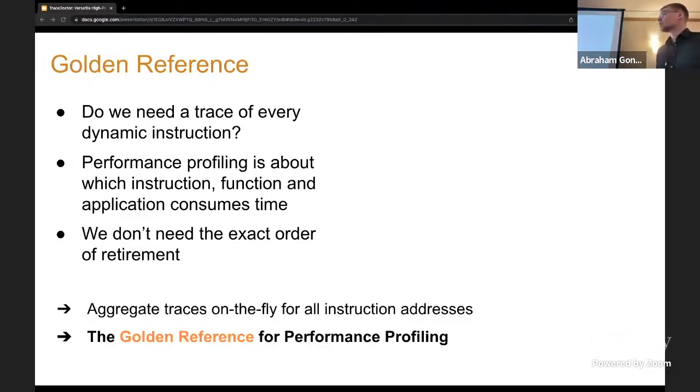So the solution is we aggregate the traces on the fly while the simulation is running and sum up in a table, for every single instruction address, the important metrics. For example, the time that the instruction took on the CPU. And this we call the golden reference for performance profiling.